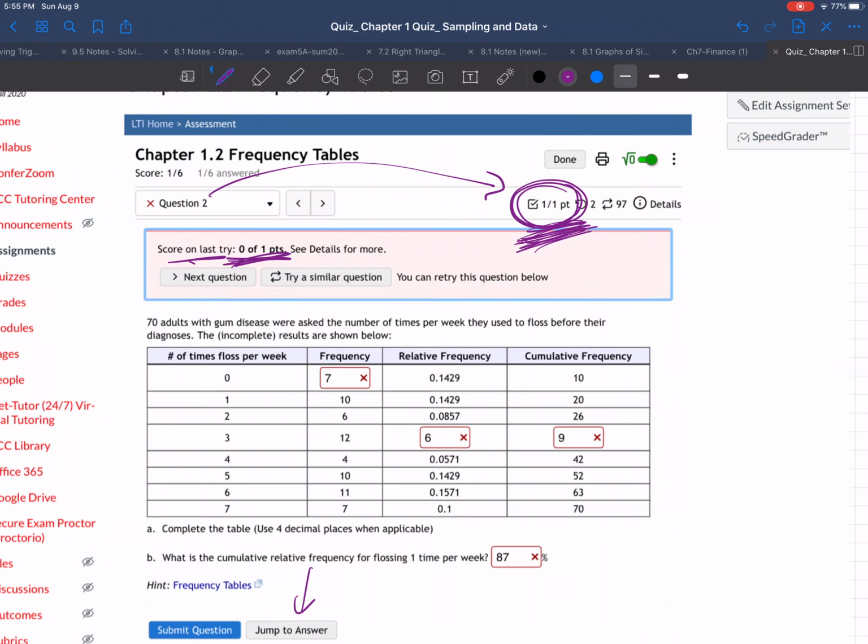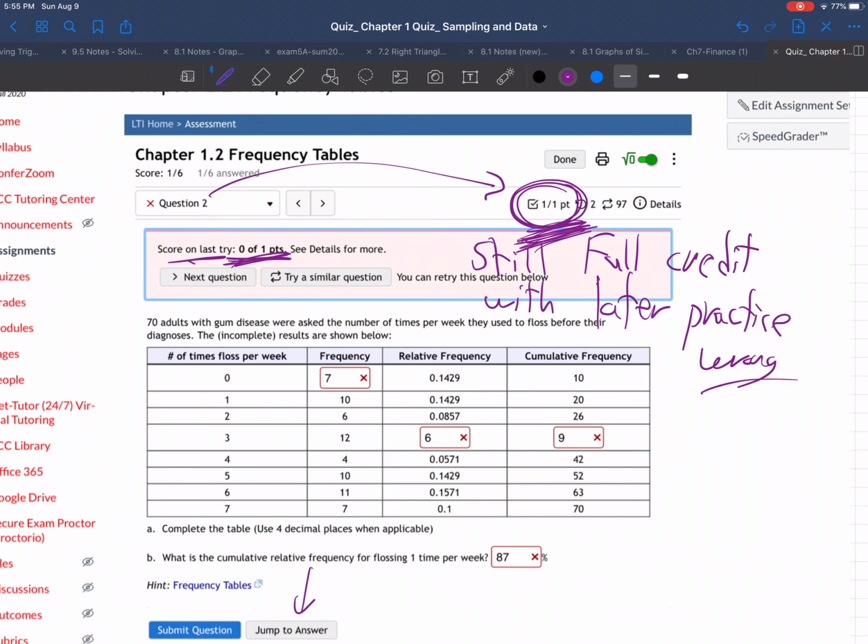After you've got it right, it's still full credit with later wrong practice. So that's what I wanted to show you. That's how the system works. And watch those videos, and you have infinite tries in your homework.